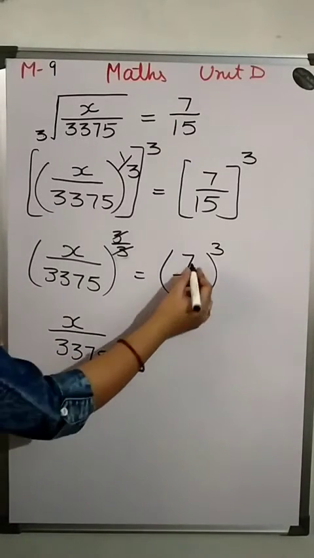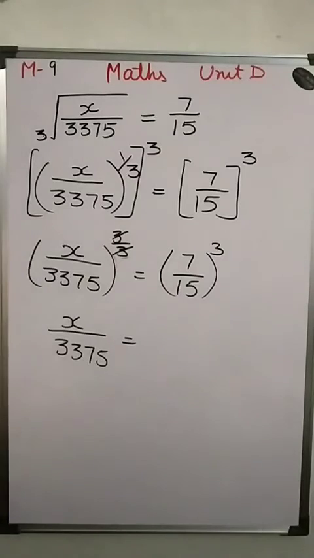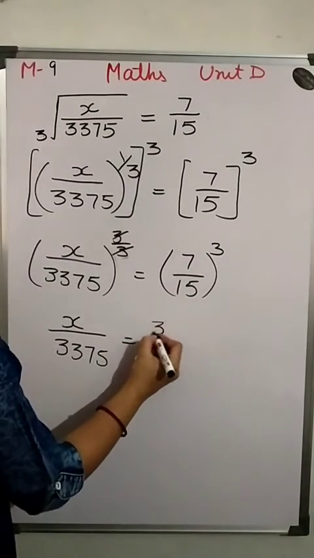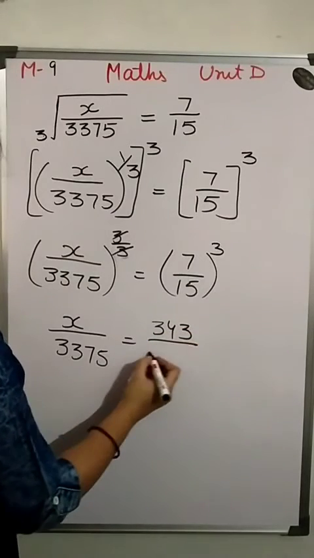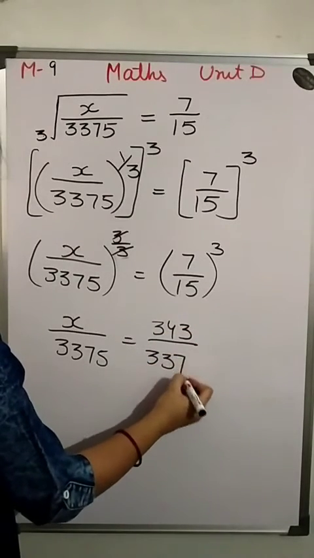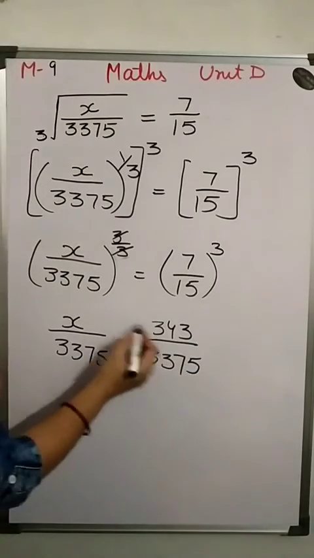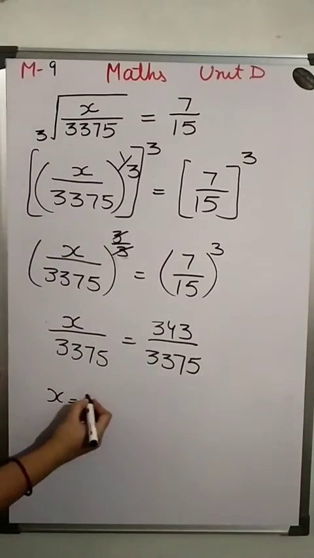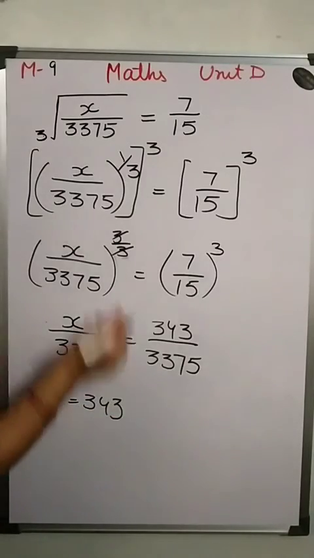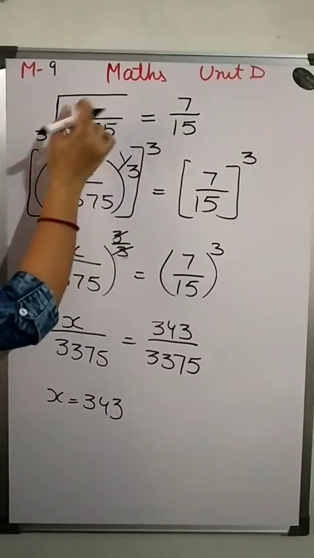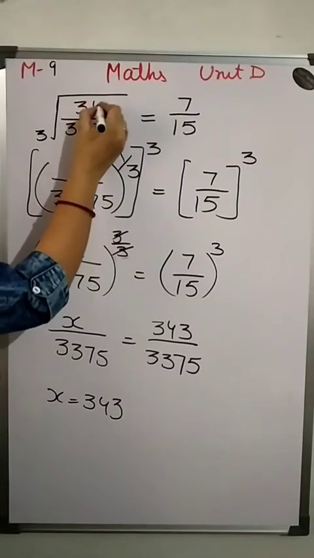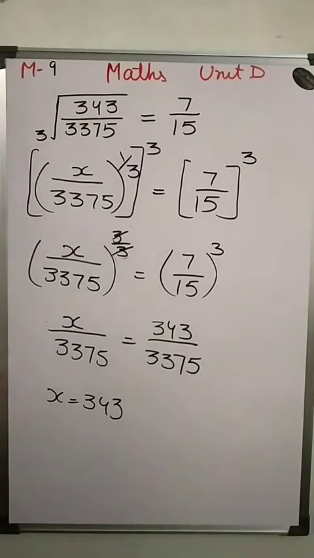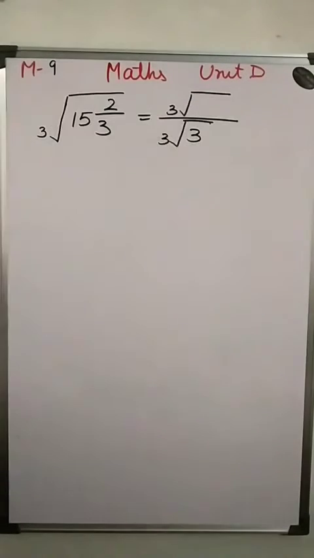We multiply them. 7 cube means 7 into 7 into 7. So what is the answer? 343, and it is 3375. So compare both the equations. So x is equivalent to 343. So in place of this, you can put here 343. Right, everyone?